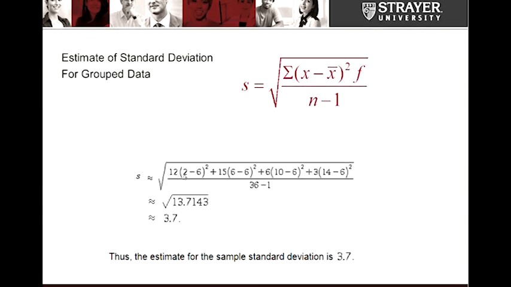So we're going to take the frequency times x minus the mean, squared, for each class. I did not work it out one step at a time, but that all adds up to 13.7143. Take a square root, and we get an estimate for sample standard deviation of 3.7.